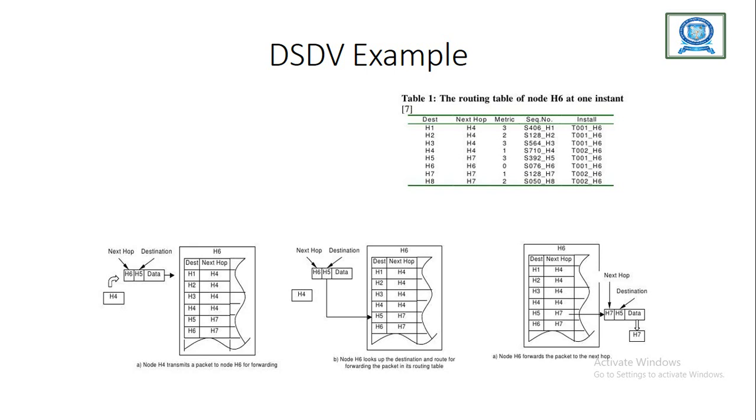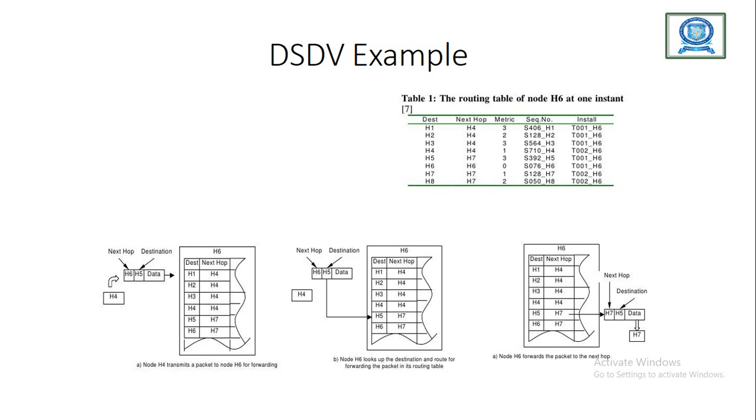Now consider node H4 wants to communicate with H5 as the destination, using H6 as the intermediate node, as shown in the left side diagram.